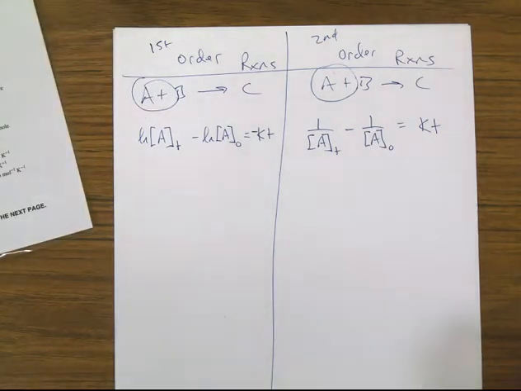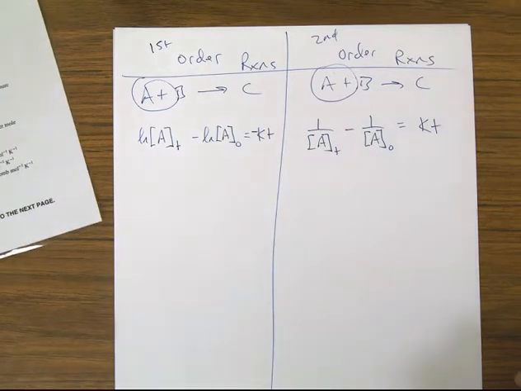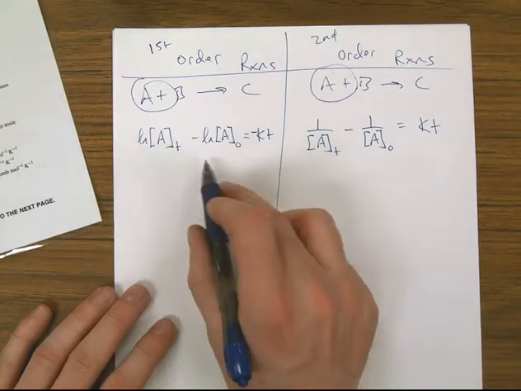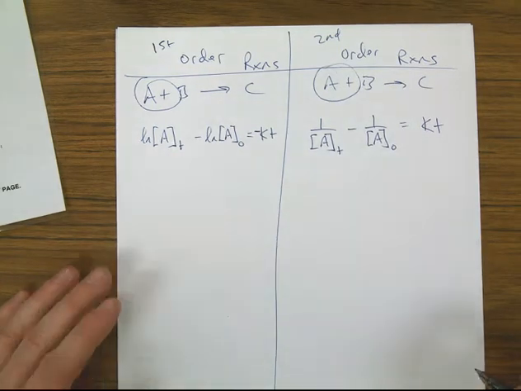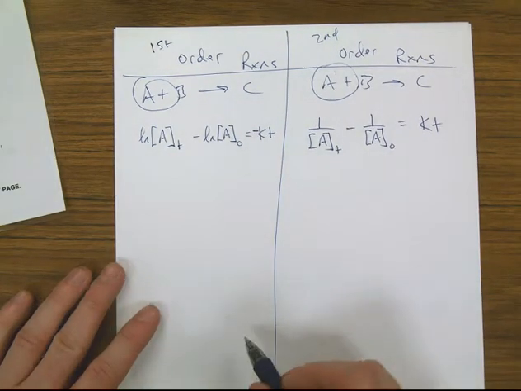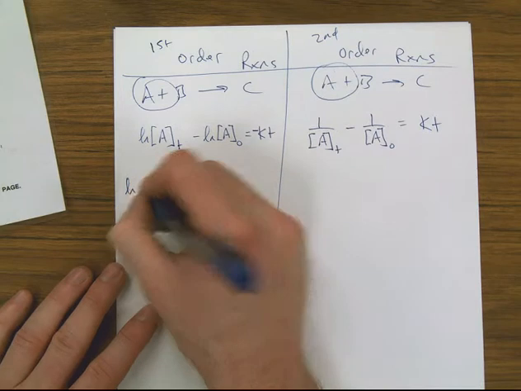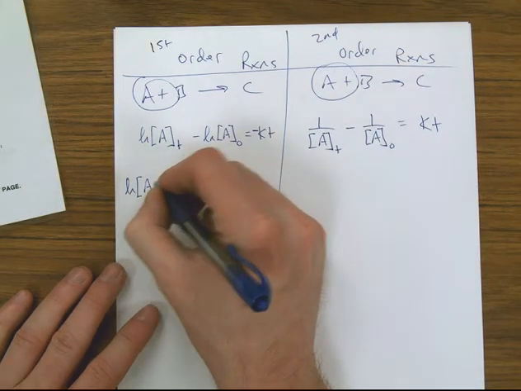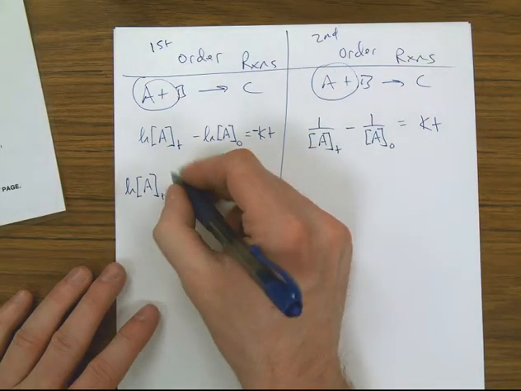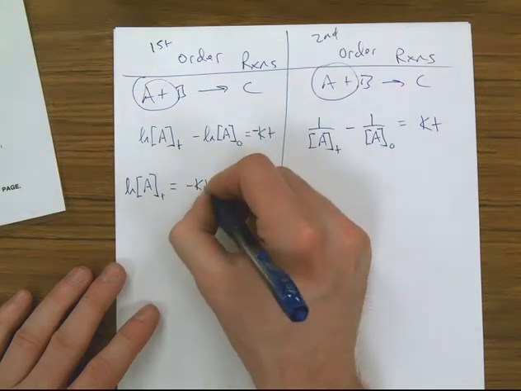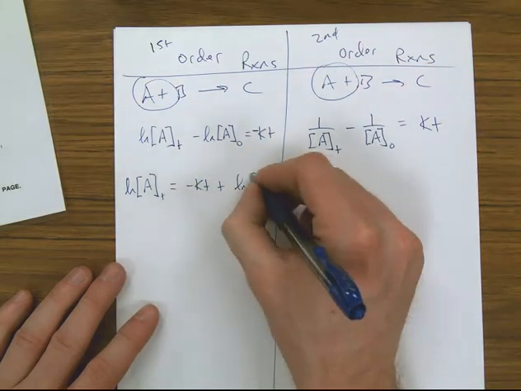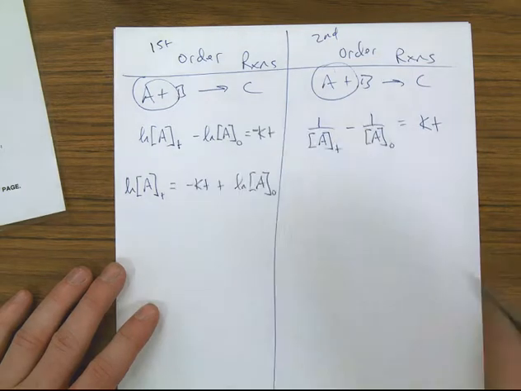Now what we're going to do is study specifically how we can rearrange this equation and look at the data being represented over time. I'm going to rearrange this equation such that it is represented as the natural log of A at time t equal to negative kt plus the natural log of A at the start.